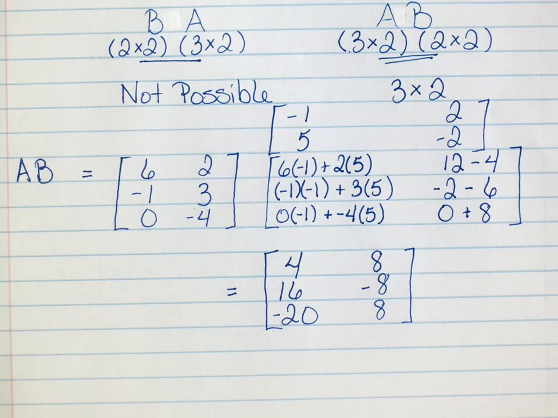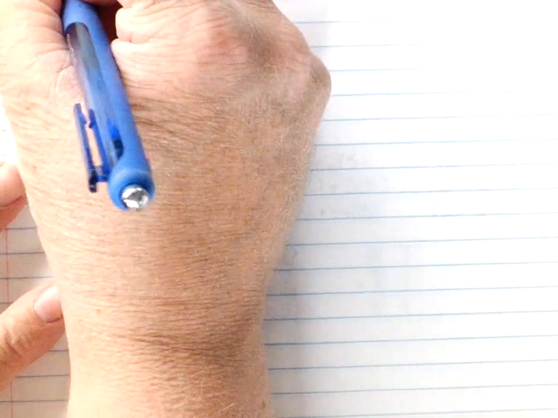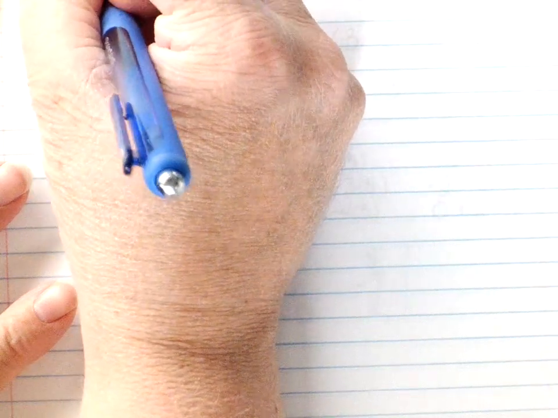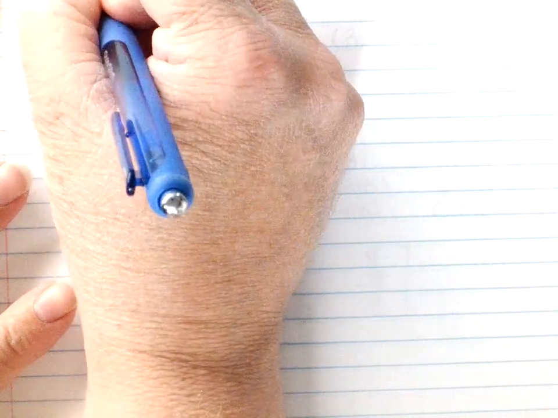So let's try some more, and let's look at the distribution property for matrices. So I'm going to set up 3 separate matrices. Matrix A is going to be 4, negative 3, negative 1, 2.